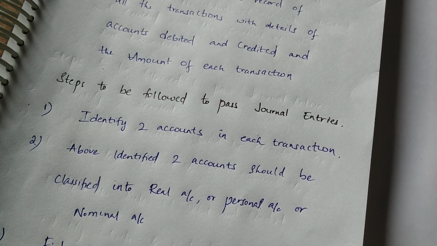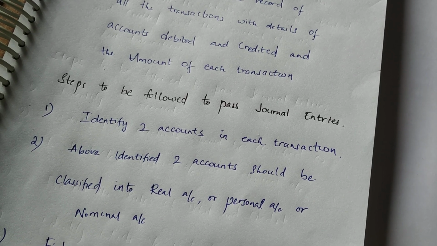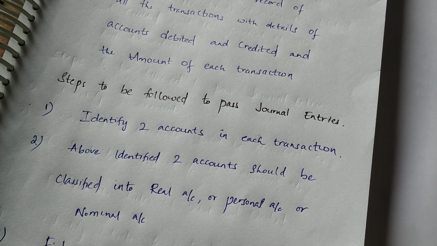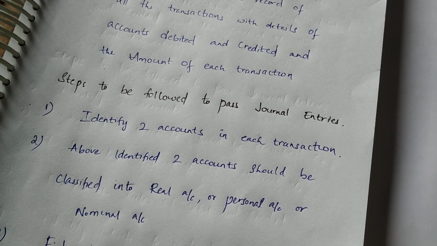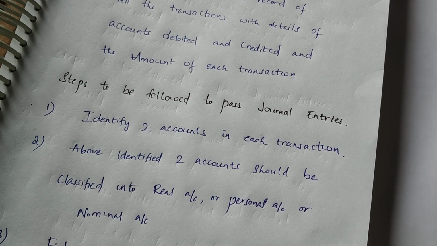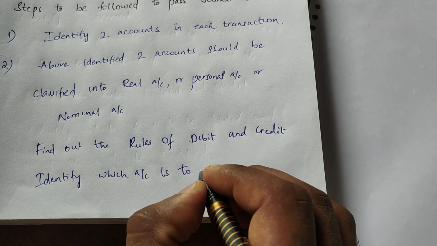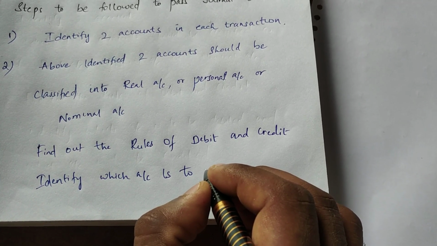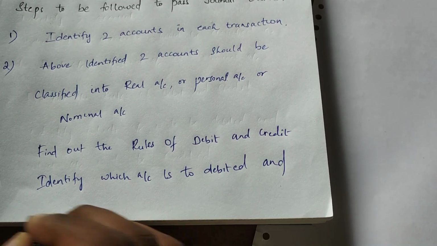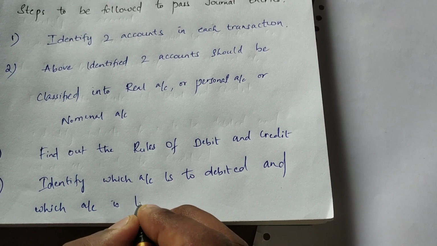Step 4: after finding the rules of debit and credit, we have to identify which account is to be debited and which account is to be credited.